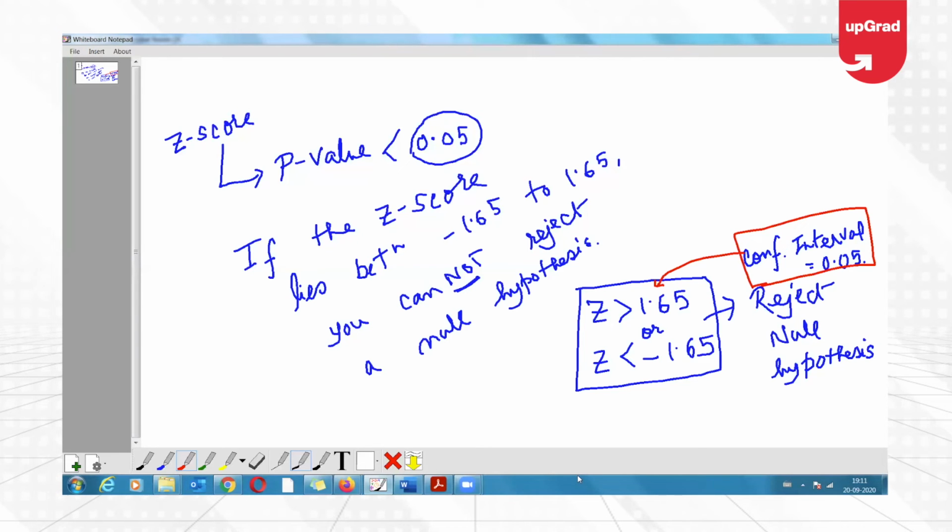Okay. Now suppose I say I want a different level, say 0.01, which means suppose it's very mission critical, so I want to be 99% sure of my alternate hypothesis.